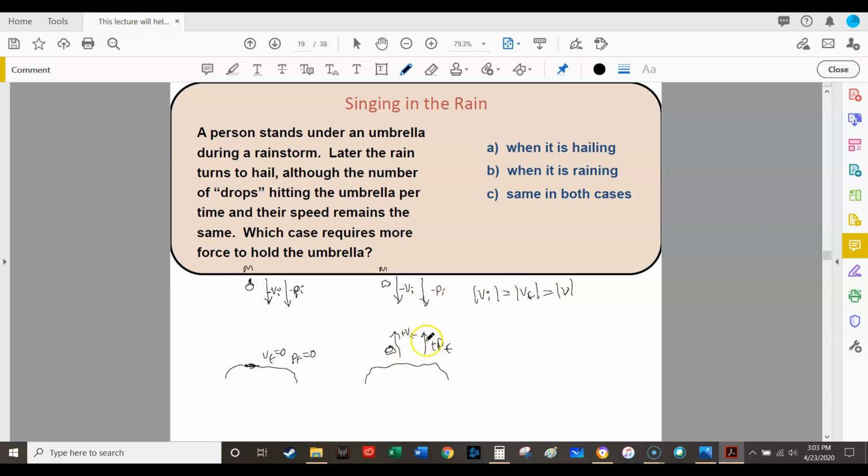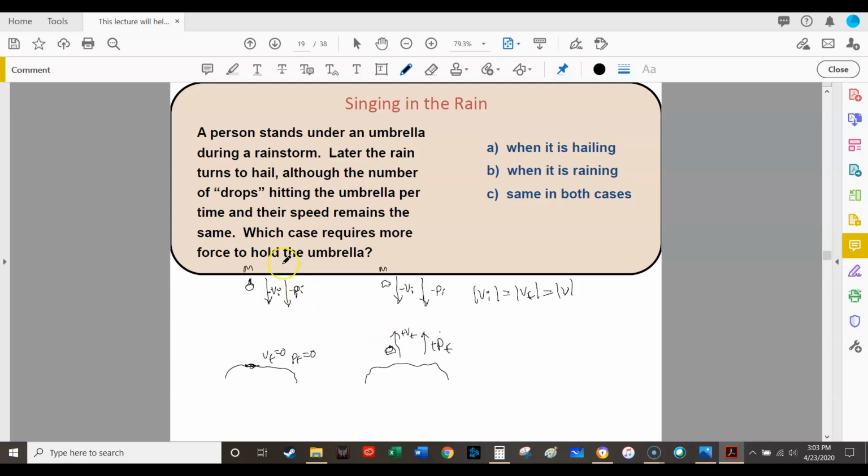That means its initial speed down is going to be equal to its final speed up, and that means the magnitude of its momentum down is equal to the magnitude of the momentum up. It's bouncing perfectly off the surface of the umbrella.